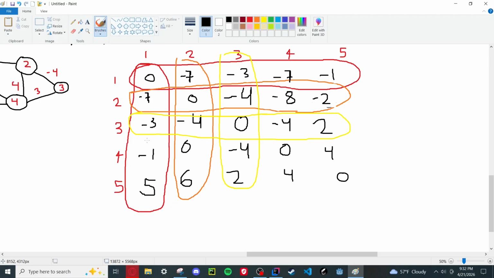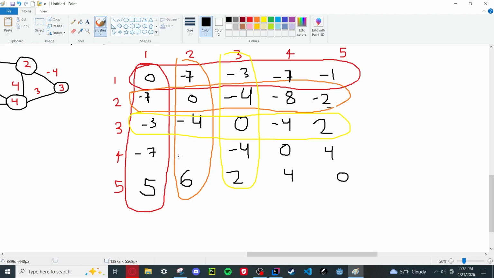Let's go down here. Yes, I'm comparing with the right things only. -3 plus -4 is -7. Let's compare. This should be the same thing as 1, 4, which is -4 plus -4, going to be -8.